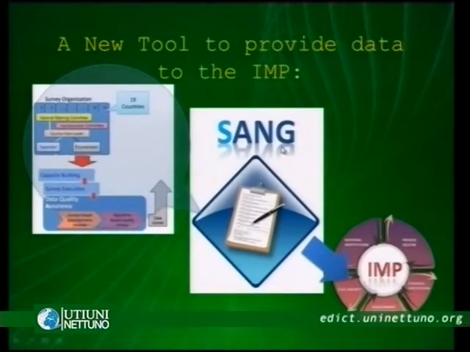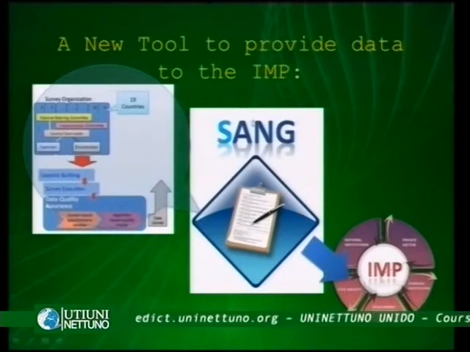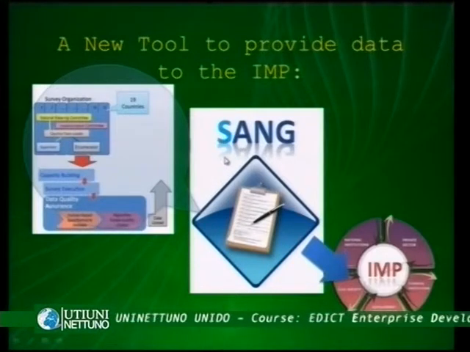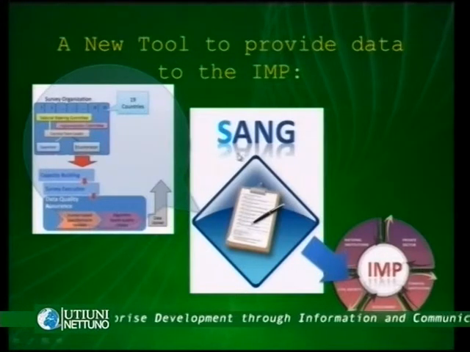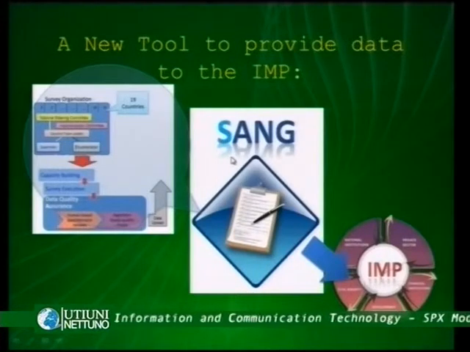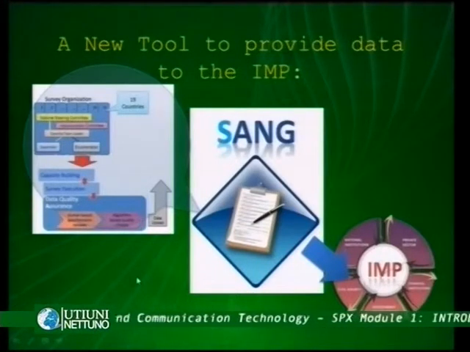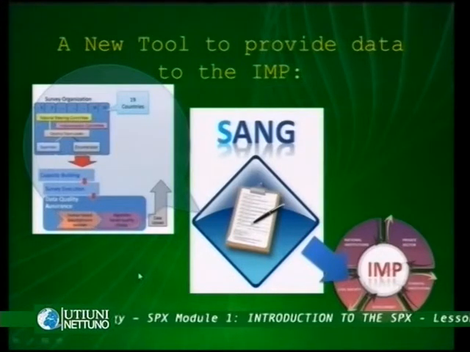We have created another functionality, the survey analysis tool, SANG, which will allow statistics offices to design the surveys, to pull a representative sample from a business directory, to manage the survey process, to manage the data collection and quality check process, to manage the data entry and visualization.